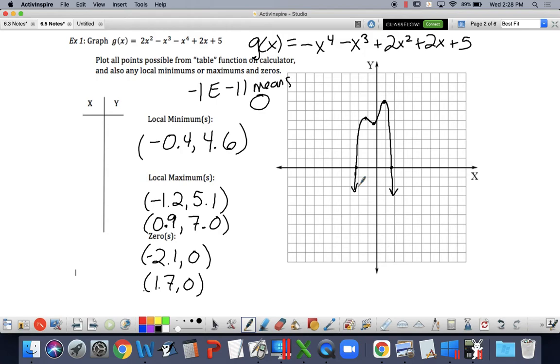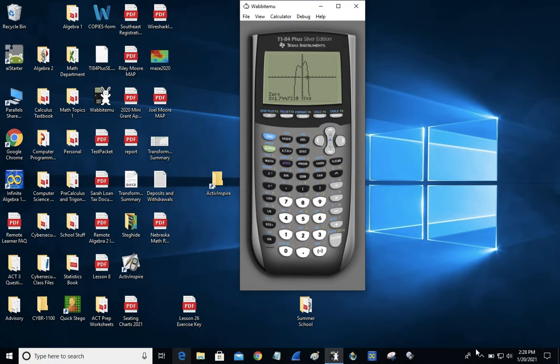Now what I did on our notes, and then also on our homework assignment, if you want it, is this table. So let's make sure we know how to get to a table of values. On our calculator, I could go to second graph and see some extra points, right? If I felt like I wouldn't be able to accurately draw this picture, I could grab a couple of extra points from this list and be good to go.